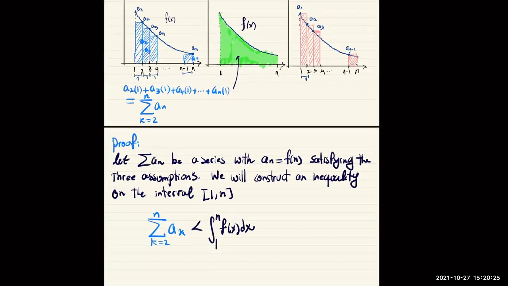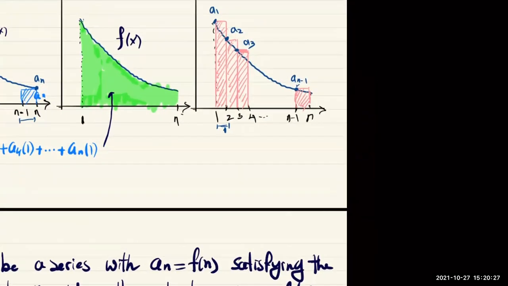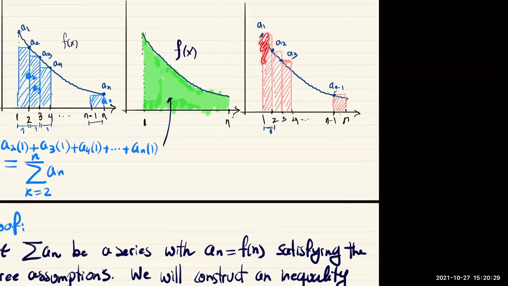Now the area of the first rectangle is length times width. Here the length is A1, and that's the same as the first term of the sequence. Width is still 1, so we get A1 plus the area of the second rectangle.